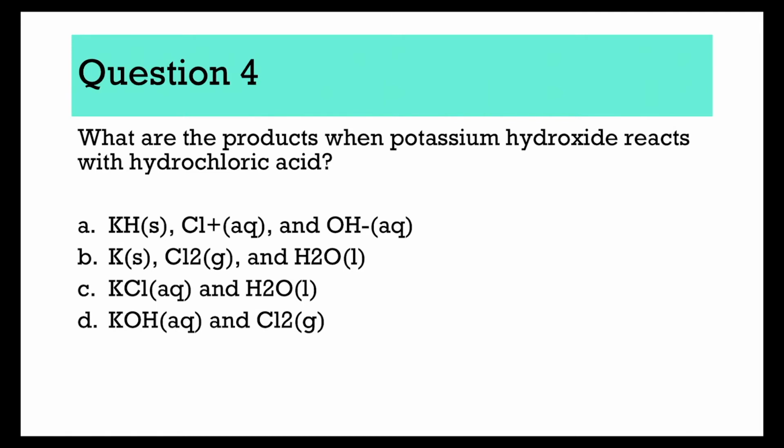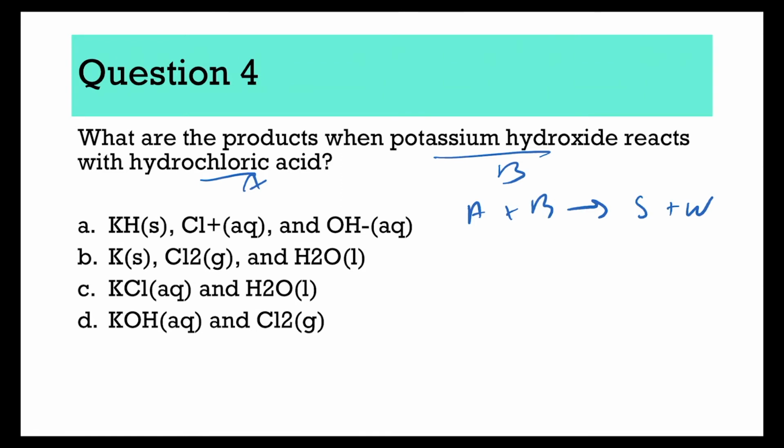Number 4 says, what are the products when potassium hydroxide reacts with hydrochloric acid? There's an easy way and the actual way of going about this. This is your base, this is your acid. You know acid plus base gives you salt and water. So we only have 2 products, and those 2 products have to be a salt and water.